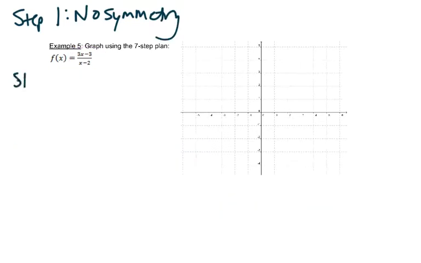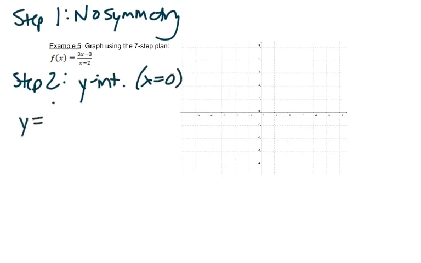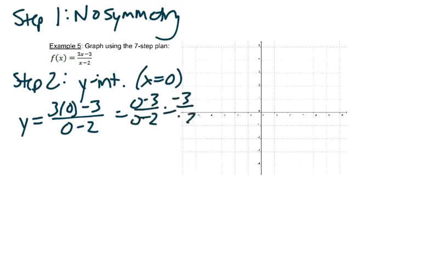So step 2 then says we're going to look for the y-intercept. And we do this by making x be 0. So I get y is equal to 3 times 0 minus 3 over 0 minus 2. This is 0 minus 3 over 0 minus 2, which is -3 over -2. And that simplifies to 3 over 2.